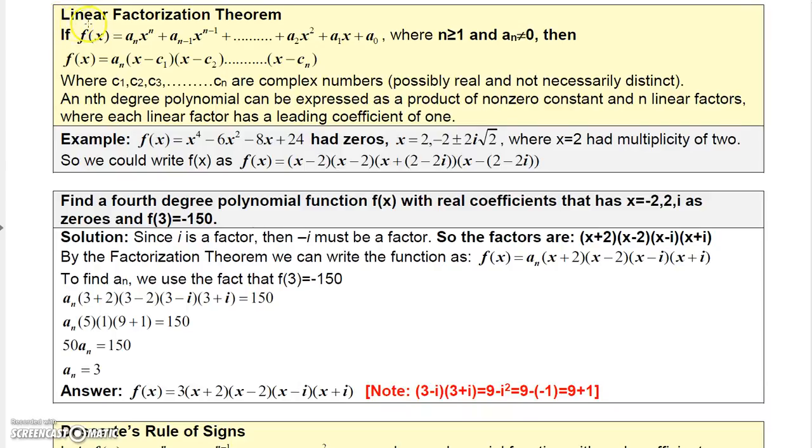Okay, so then that leads us to the linear factorization theorem.